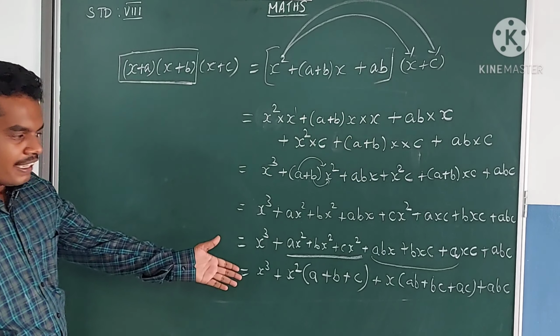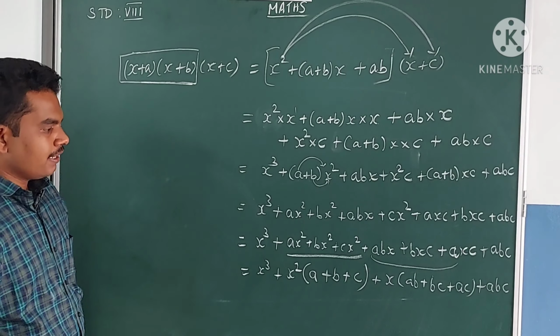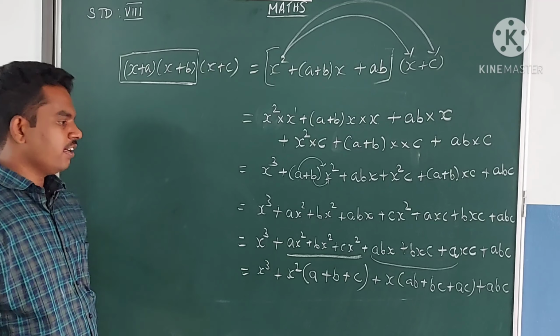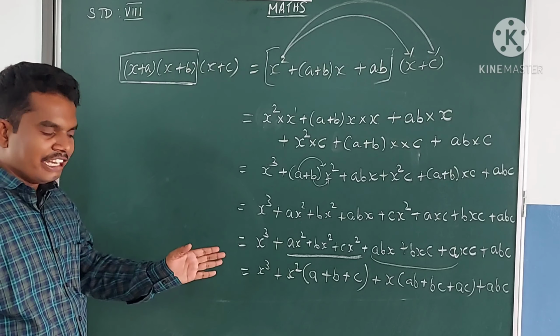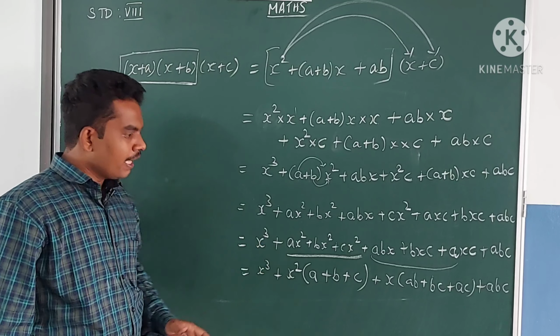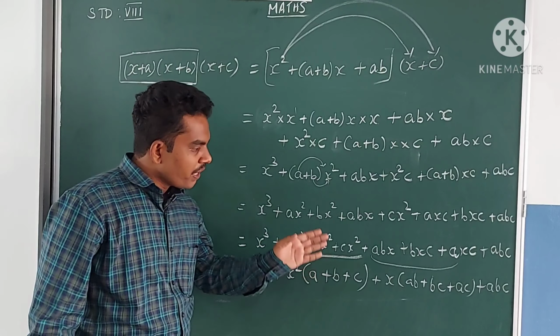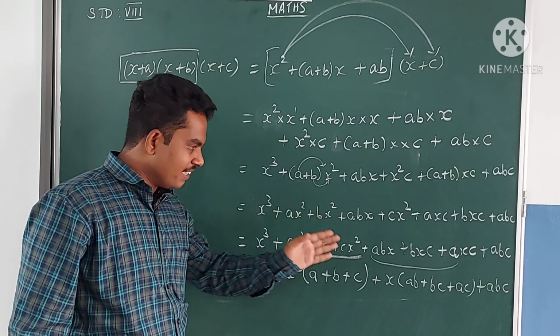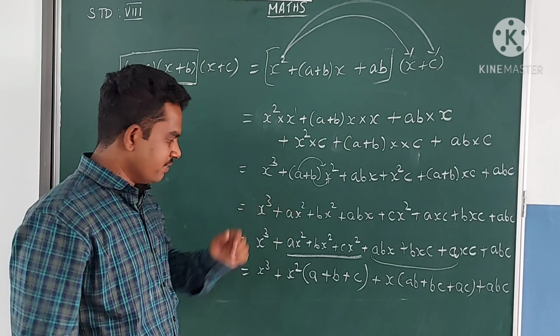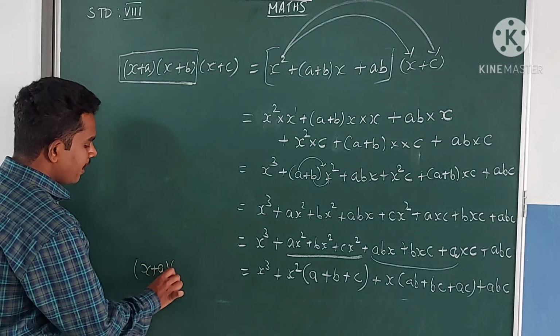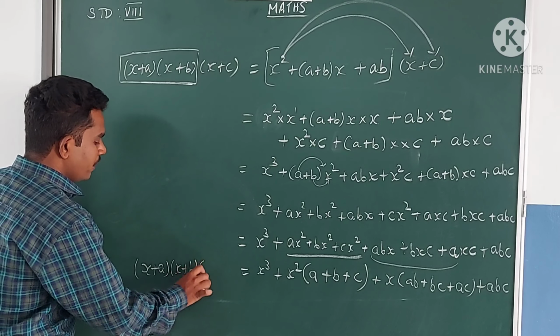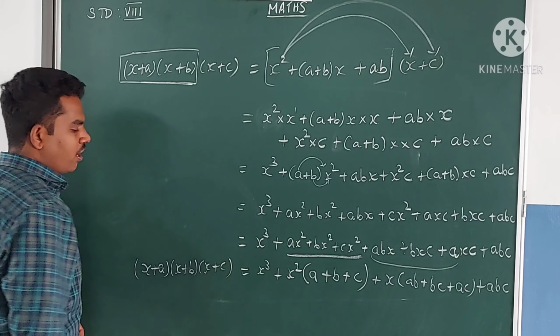So the final right hand side is x cube plus x square into a plus b plus c, plus x into ab plus bc plus ac, plus abc. So this is x plus a into x plus b into x plus c.